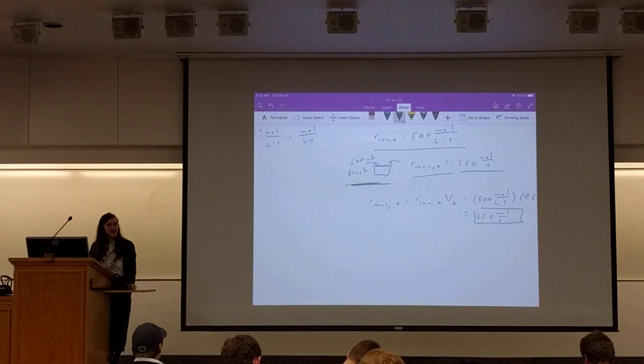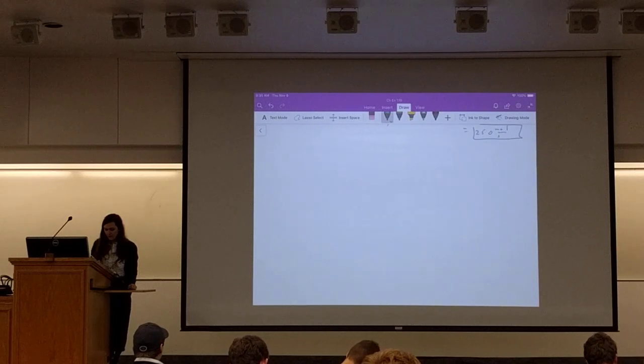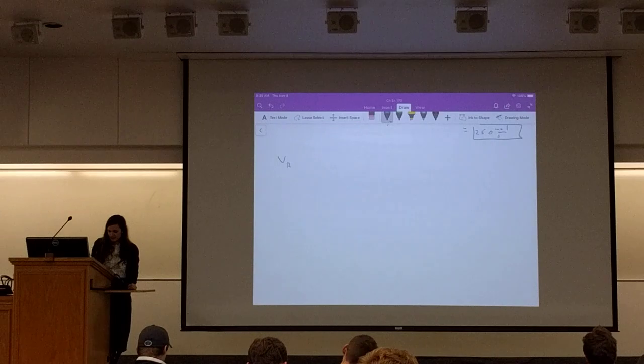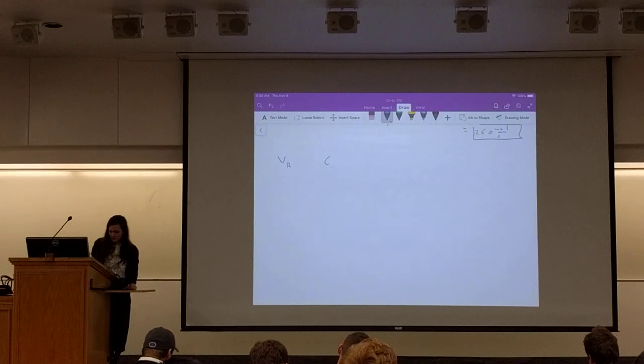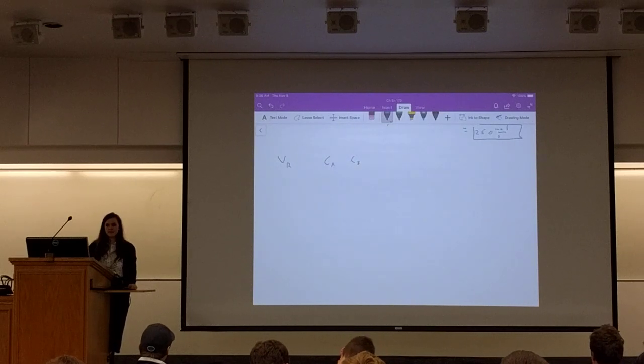Someone who's done this lab this week, in the lab you know the volume of the reactor, and you figure out what the concentration of A and the concentration of B is. And so what do you find then? What is your final thing that you find? You find the rate constant in the end.